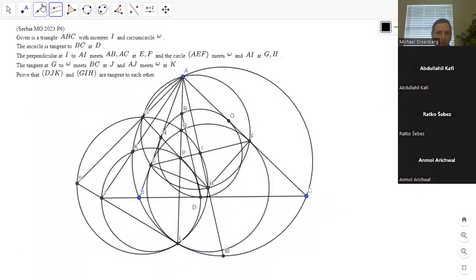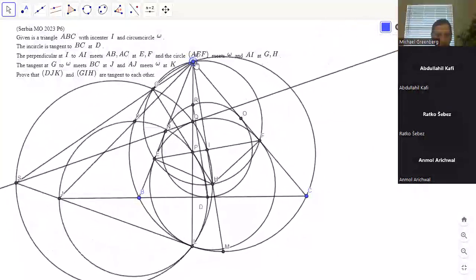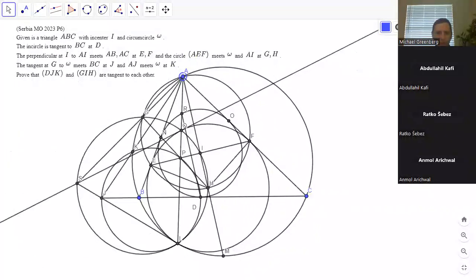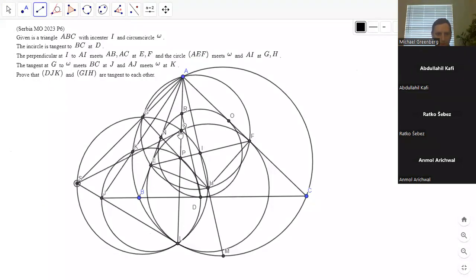All right, so we want to show PJ is parallel to QS. Maybe SQ is tangent to the mixtilinear circle. It looks like it is. I don't think there's another intersection point there. Let's check that. Yes. So P lies on the polar of S, so these should be collinear.